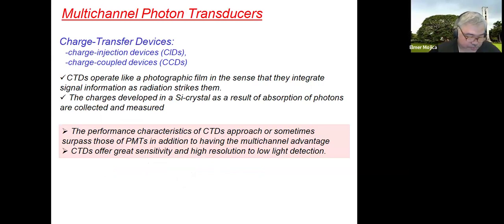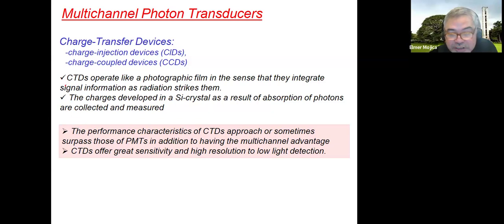On the other hand, the performance characteristics of your CTD approach or sometimes surpass the PMT. Okay. And in addition to having the multi-channel advantage, PMT is a single channel only. Okay. So if you're going to look at this one, there's an advantage of this CTD compared to the PMT.